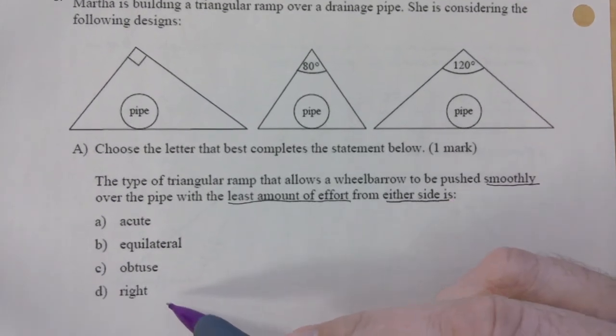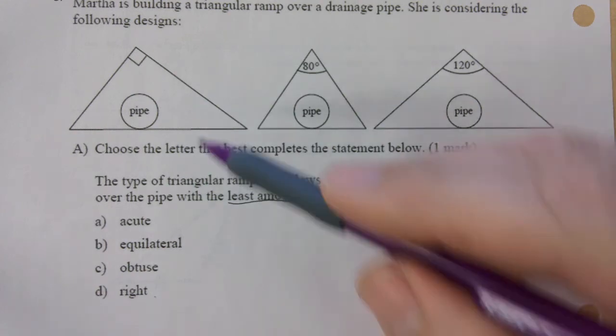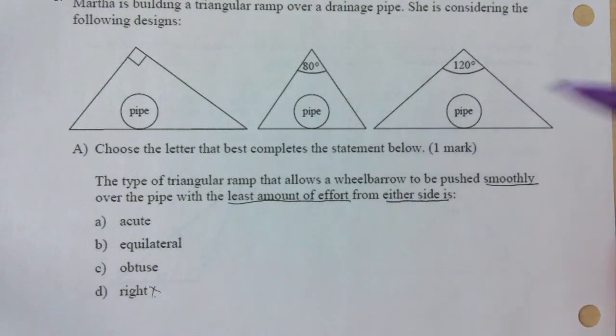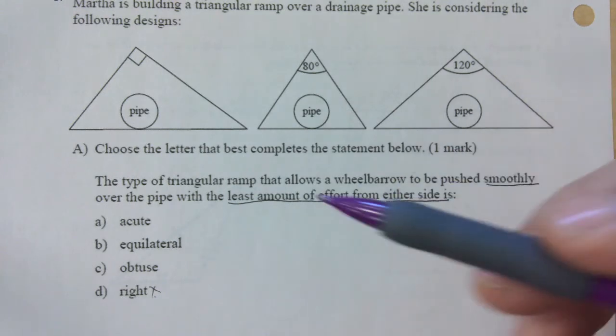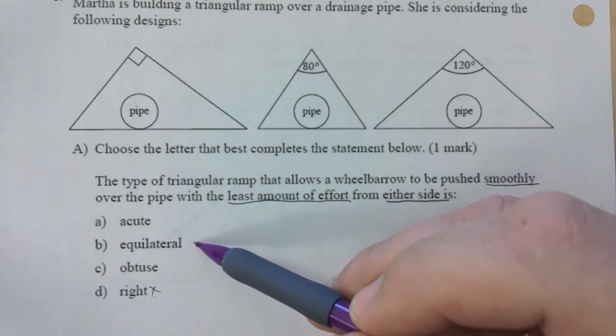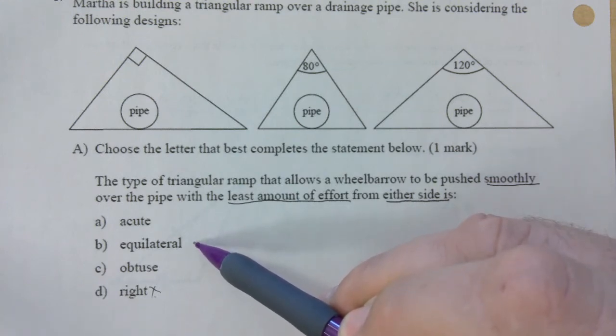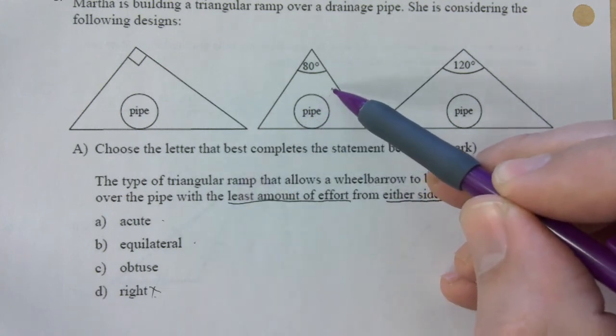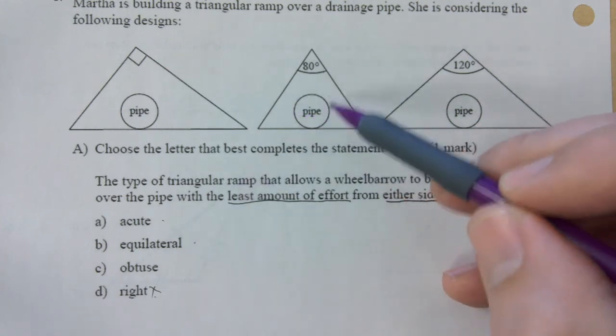Okay, would it be the right? Well, it would be smooth here, but not coming up this way, right? So that one is not it. Equilateral could be, right? Then there's the acute. This is definitely not an equilateral, but is an acute.